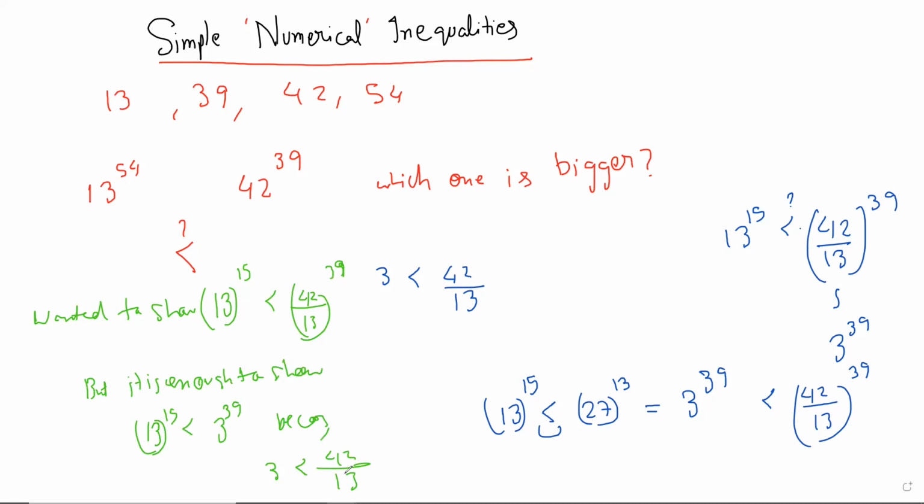Okay. Because we're discussing these inequalities for the first time, it's important to understand what you've actually done. Why I'm writing here, it is enough to show. It means that if you show that 13 to the power 15 is less than 3 to the power 39, which we have kind of shown, then it's enough, because 3 is less than 42 by 13. But it might have happened that this was not true.